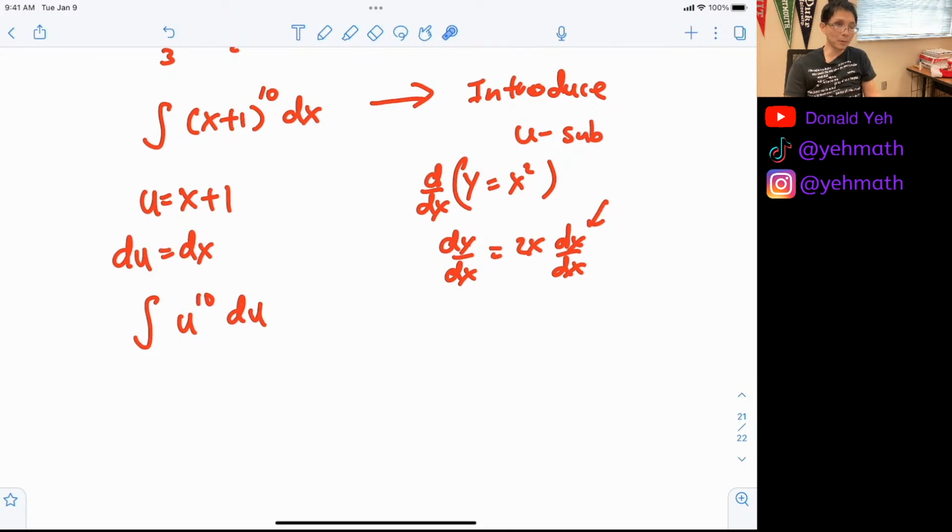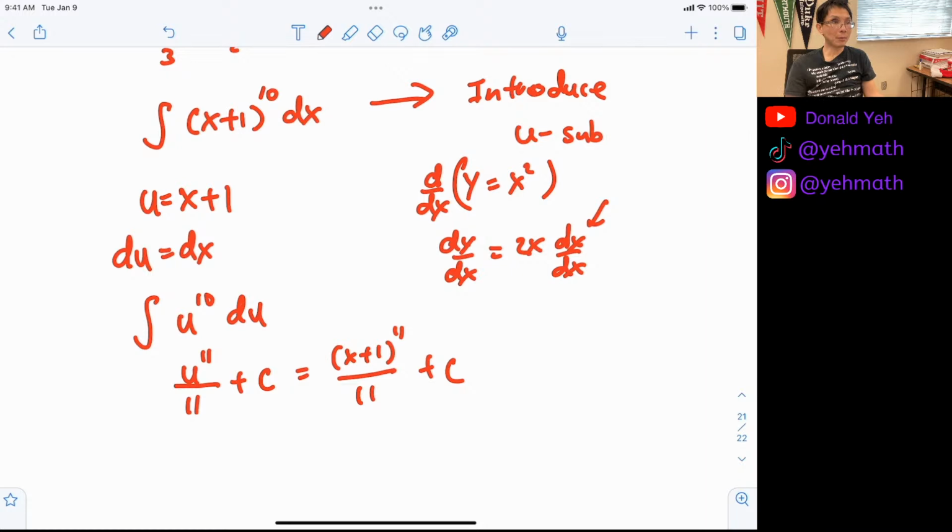If they are the same variable, you are integrating u to the 10th with respect to u, and that's perfect. If it's with respect to x, then no way. Got it? And then that's going to be u to the 11th over 11 plus c. That's equal to (x plus 1) to the 11th over 11 plus c. And that's it, you're done.